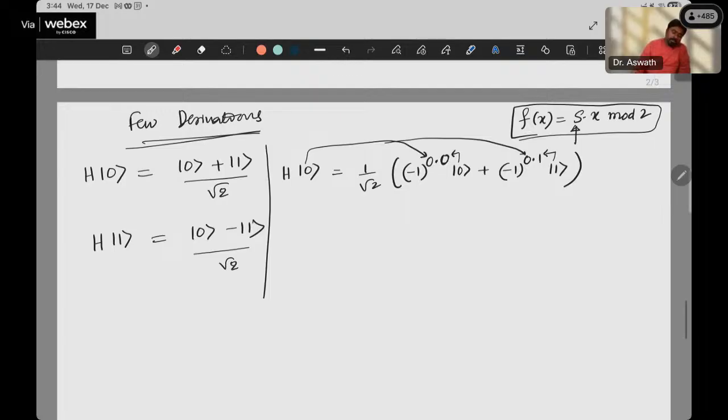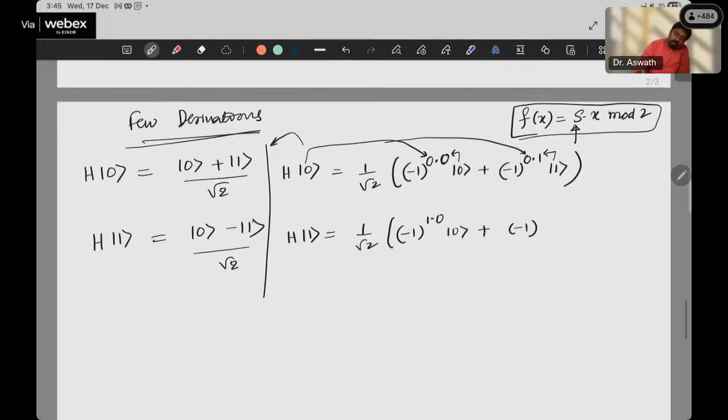So this will make sense. You know why it makes sense? Because if I use this kind of notation, the left hand side is satisfied. Similarly, for H acting on 1, I will do the same kind of analogy. I will say minus 1 to the power of 1 into 0, 0 ket, plus minus 1 to the power of 1 into 1, 1 ket.